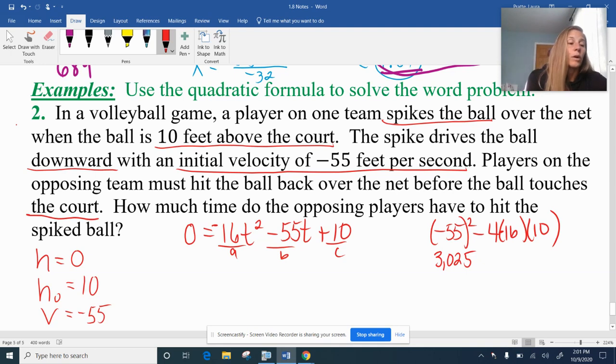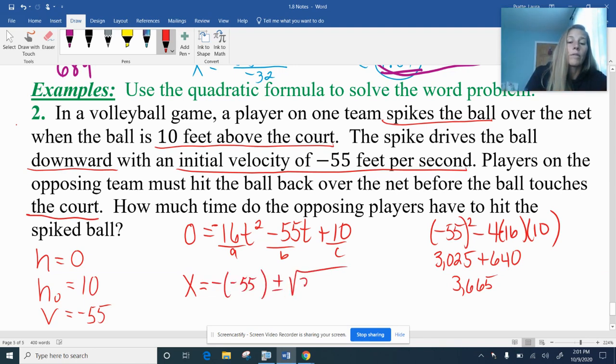And then 4 times 16 times 10 is 640, and that's going to be a plus. So this is going to be 3,665 for the discriminant. So t equals negative 55 plus or minus the square root of 3,665 all over 2 times a, which is that negative 16.